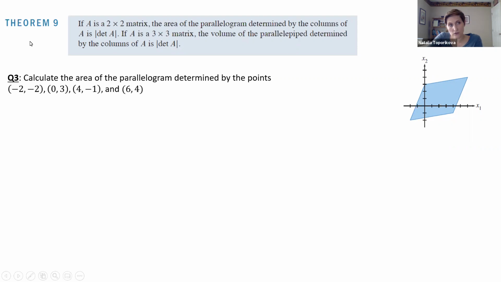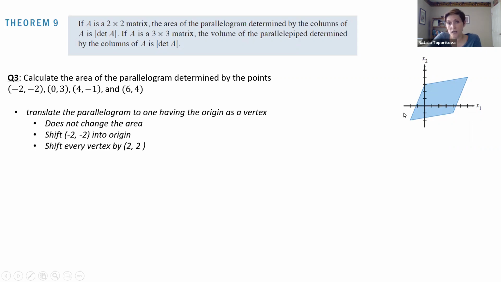We would like to use theorem 9, but it's not obvious right away how we can apply it, because theorem 9 requires two vectors, and vectors usually start from the origin, but here our parallelogram starts somewhere else. So the first step in our analysis is to shift our parallelogram so that it starts at the origin. It won't affect the area, so the area should be the same.